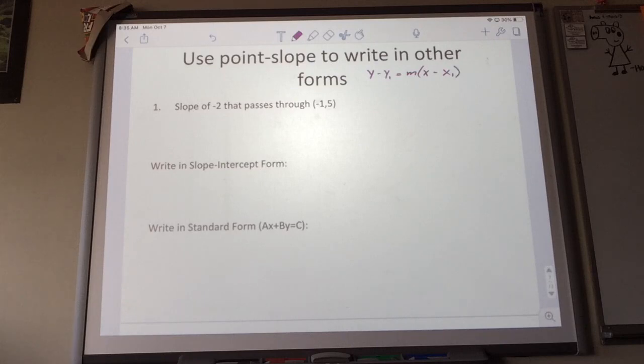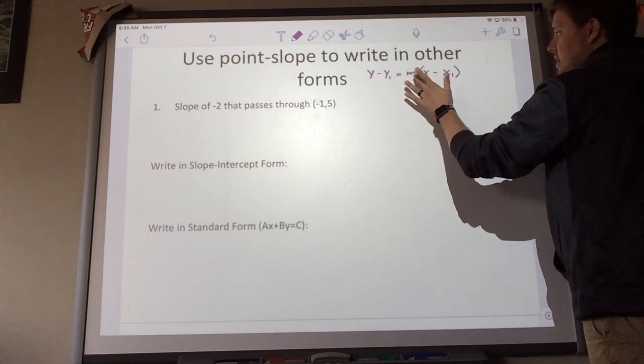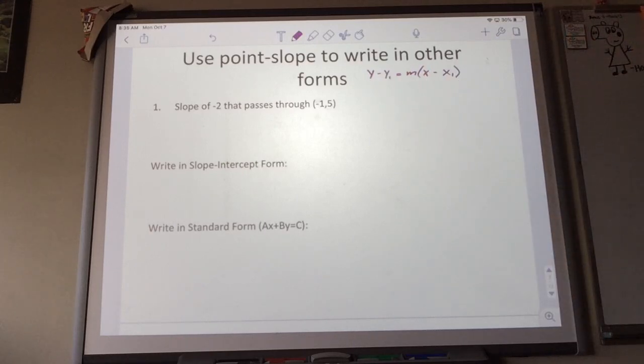You plug into the 1's. You do not plug into this y and this x. So you plug into the 1's and you plug into the m. So first let's label that. So that is x1 and y1. And above the negative 2, let's put m for our slope.